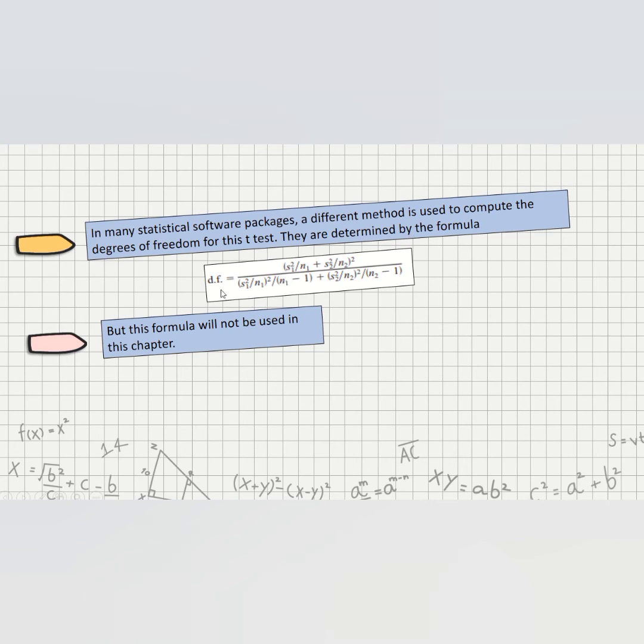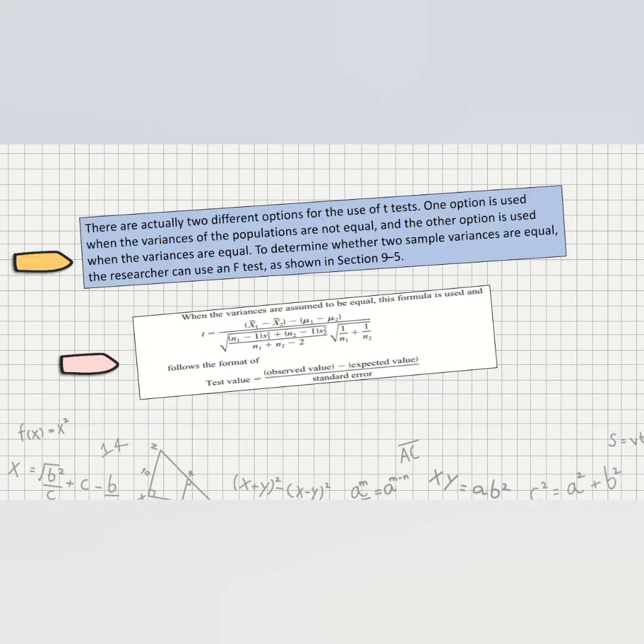They are determined by the formula: degrees of freedom is equal to (variance of sample 1 over sample size 1 plus variance of sample 2 over sample size 2) squared, all over (variance of sample 1 over sample size 1) squared over (sample size 1 minus 1) plus (variance of sample 2 over sample size 2) squared over (sample size 2 minus 1). But this formula will not be used in this chapter.